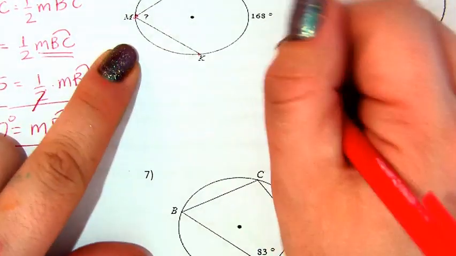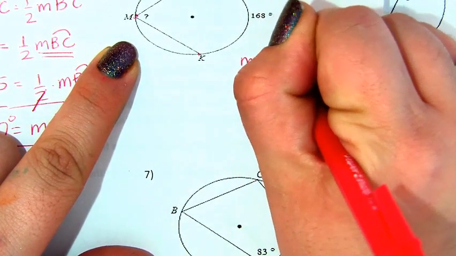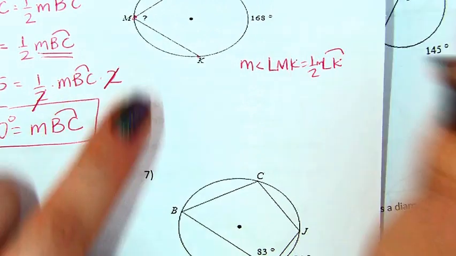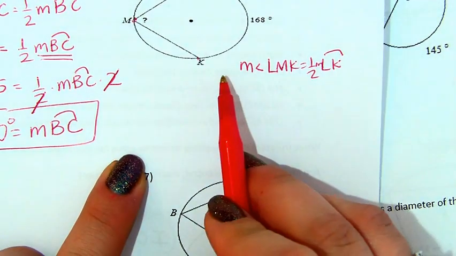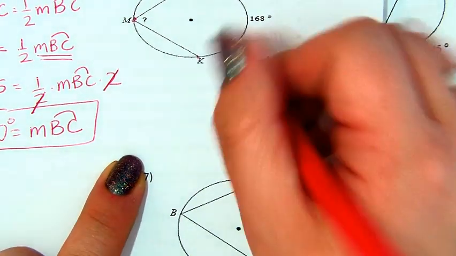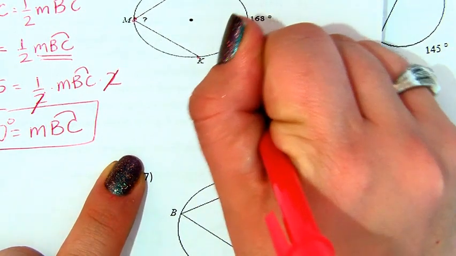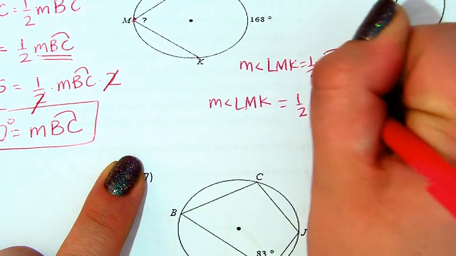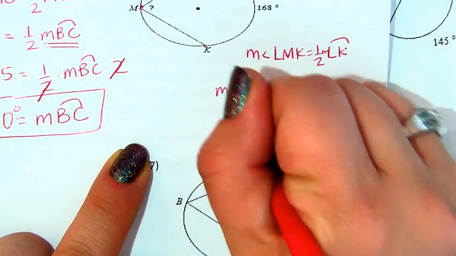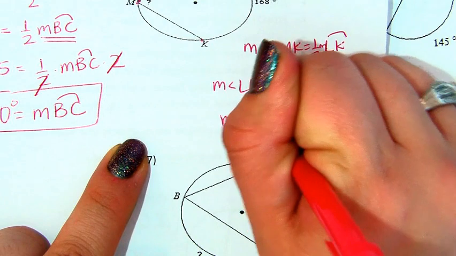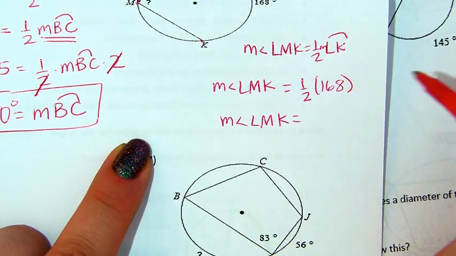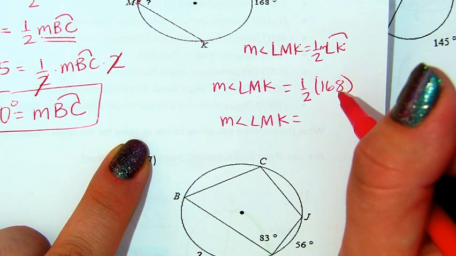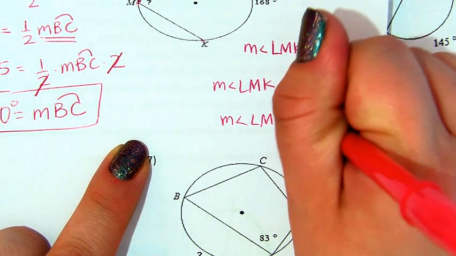Inscribed angle theorem says that the measure of the angle LMK equals half of the arc from L to K. So here we're actually given the arc. So I know what this piece is. So the measure of angle LMK is going to equal half of 168 degrees. Half of 168 is 84 degrees.